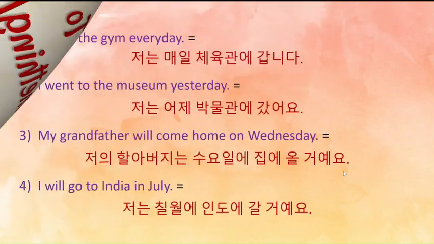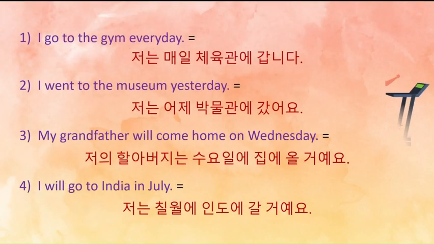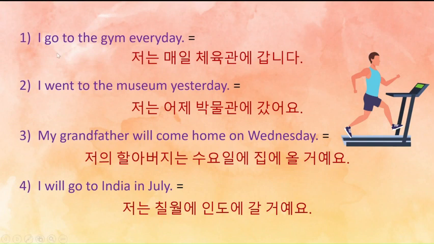Let's see the examples. Suppose you have to say, I go to the gym every day. Now here the person is going to a place. That place is gym. So the particle 에 will be attached to this place, to this location.